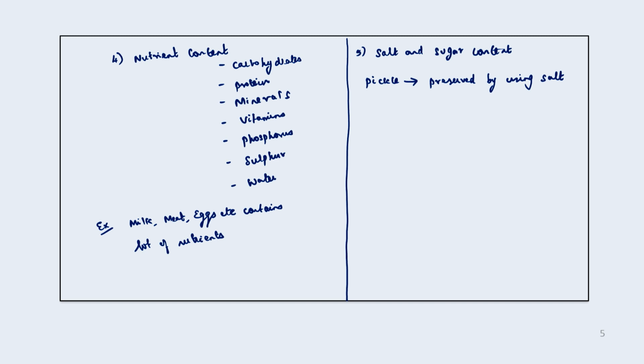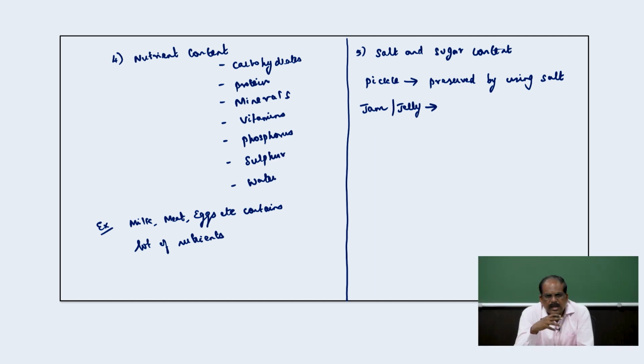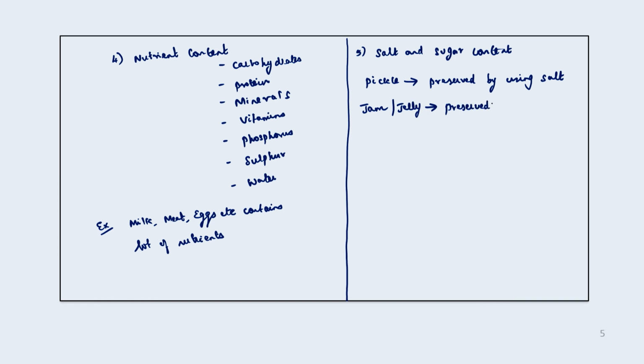Similarly, if you take jam or jelly, these type of food items are preserved by the concentration of the sugar present in it. So these are preserved by the sugar concentration.